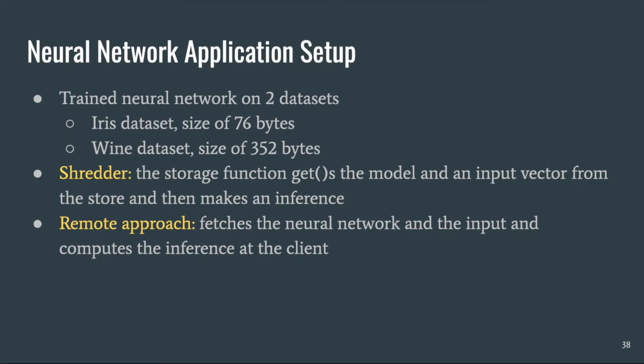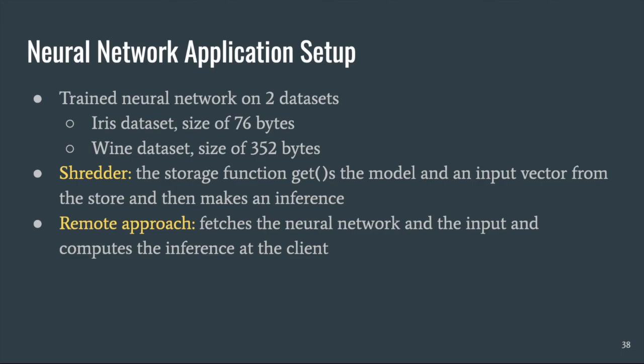A prediction service is set up on fully connected neural networks on the Iris dataset and Y dataset with a size of 76 bytes and 352 bytes, respectively. The inputs for the predictions are also stored in the database.